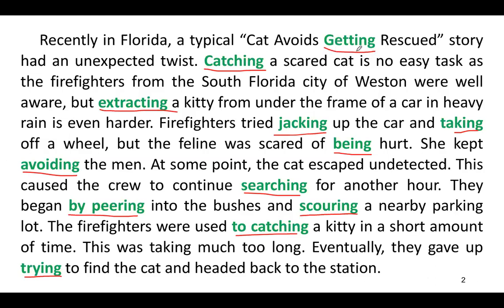It is a verb followed by ing, and when we add ing to the verb, it is no more a verb. It becomes functioning like a noun. So this is the difference between the ing form of the continuous or progressive tenses and the ing form of the gerund. So all of these are gerunds: catching, avoids getting, catching, etc. Now let's move on to the details of explaining this.